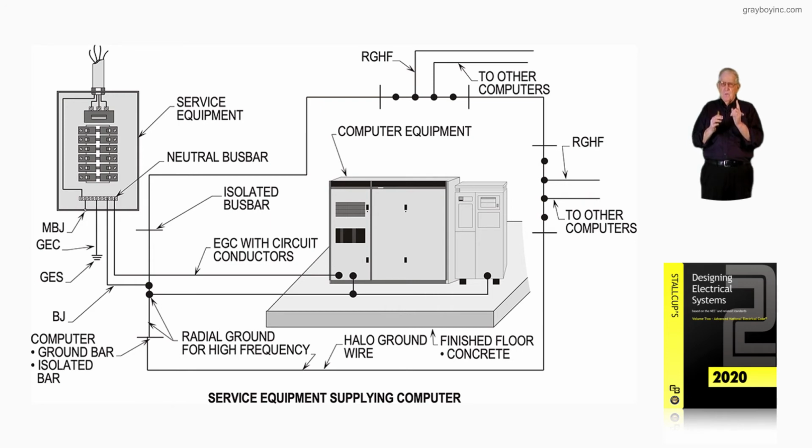So we're looking at two things: noisy signals, unwanted currents that might come in from the service equipment that would be objectionable. Any noise that the equipment might generate is isolated or reduced in this manner to where it may not be a problem.